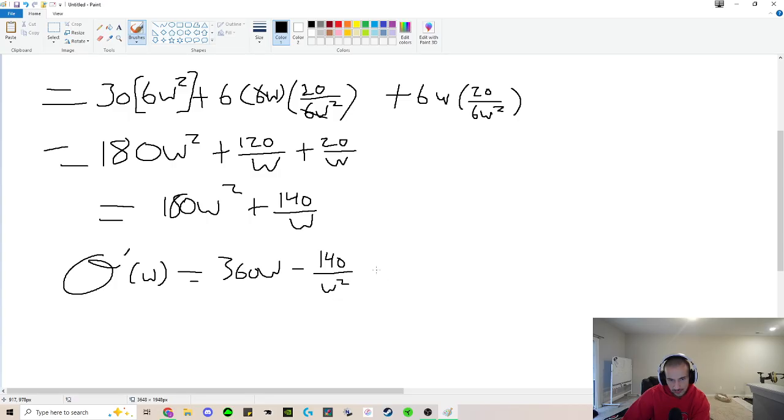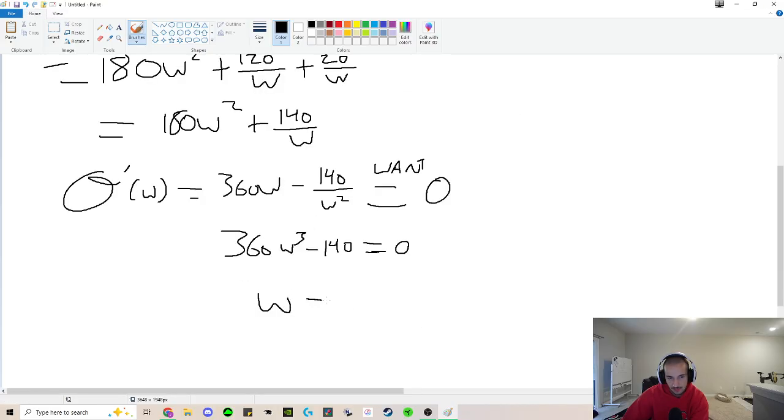And now all you have to do, we say that we want this to be 0. Of course, if w were 0, then we would have 0 width. That doesn't make any sense, so we can go ahead and just multiply up our w squared. This is going to say 360 w cubed minus 140 is going to be 0, since 0 times w squared is just 0.